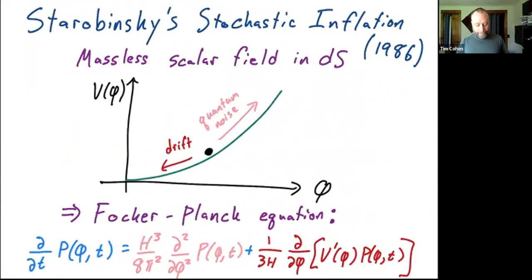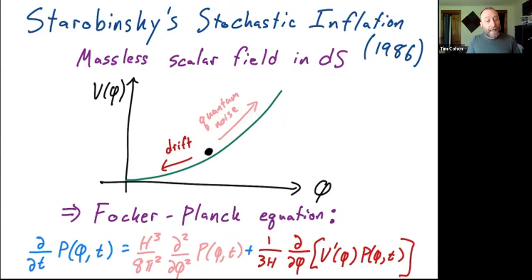Okay, so how are we going to approach this problem? Well, basically the formalism we're going to rely on is the well-known formalism from Starobinsky of stochastic inflation from 1986. Here is the picture of the potential, and we have this drift, which is the classical evolution of the potential, and then we have quantum noise, which could push us in both directions.